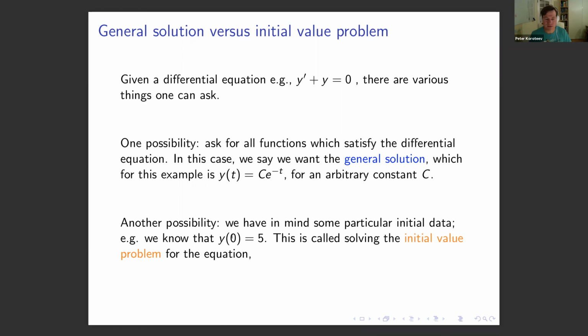It's initial because it's evaluated at some fixed value of t, often at t equal to 0, but it doesn't have to be 0. In this case, the solution is equal to 5 times e to the negative t. So this arbitrary constant is replaced by a value, and this solution does not have any more free parameters.